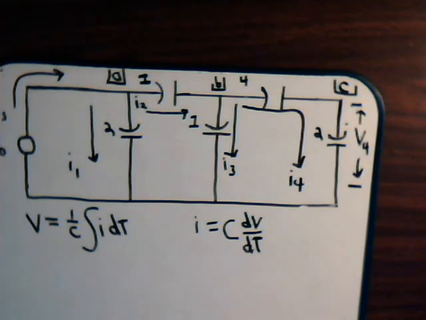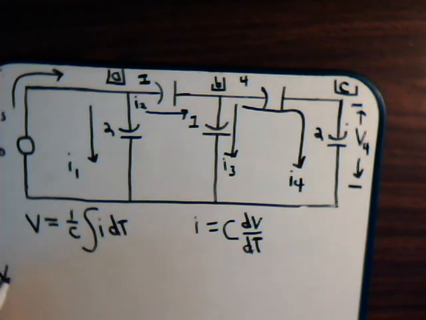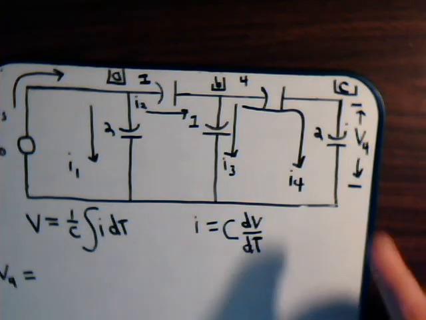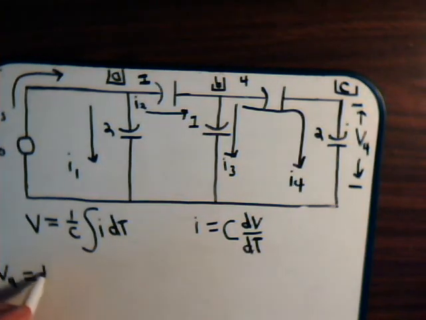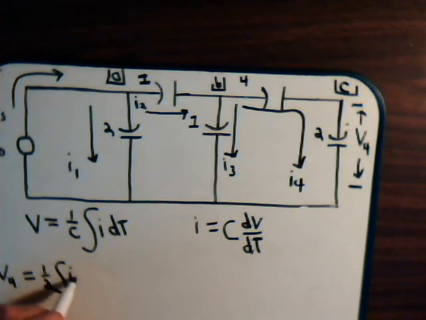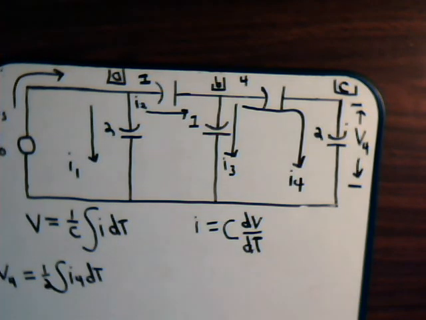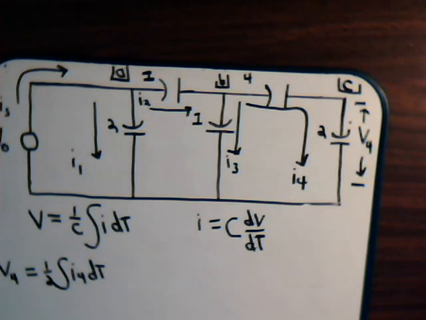And here we have the current, that's I4, so we can write a general expression for it, V4 equals 1 over C, that'd be 1/2, the integral of I4 dt. And really that's all we can say about it, because we have no idea what I4 is. We have no equation that tells us how it changes with time.